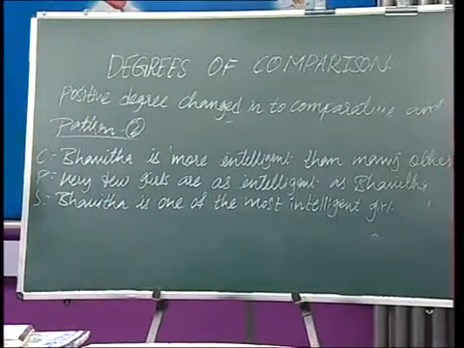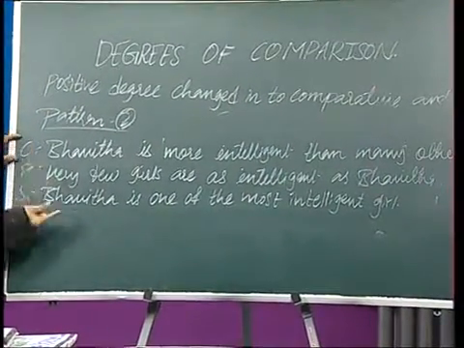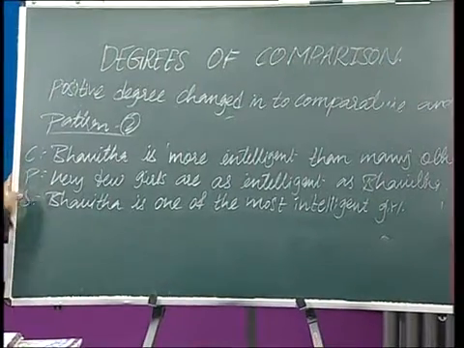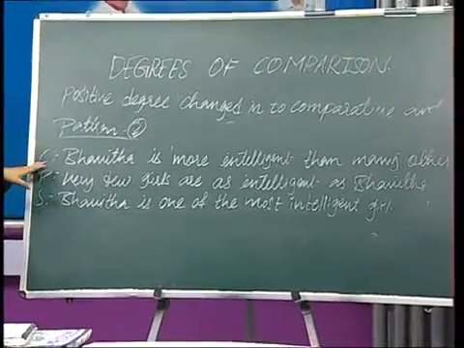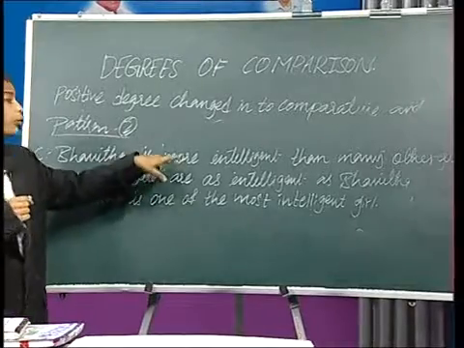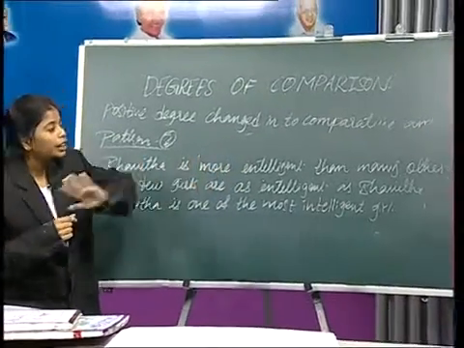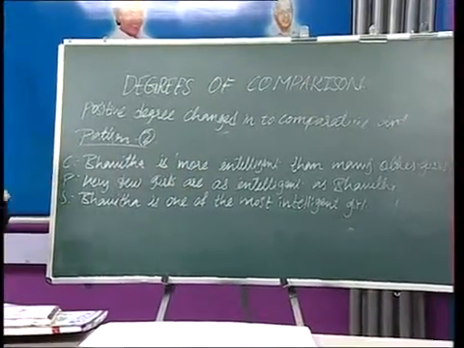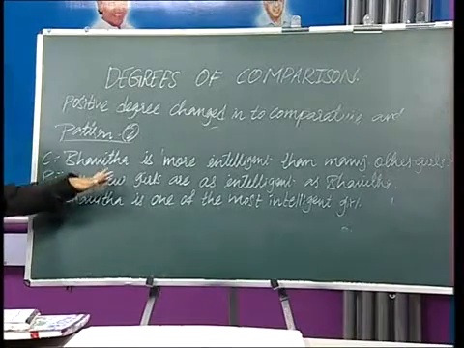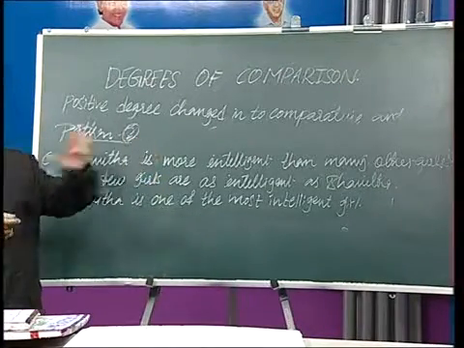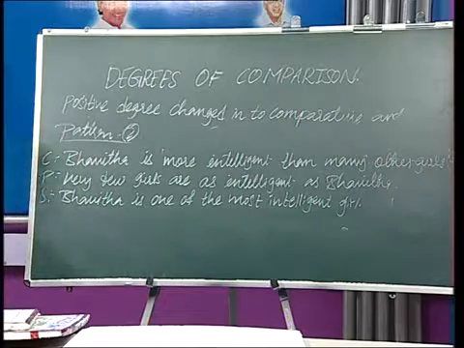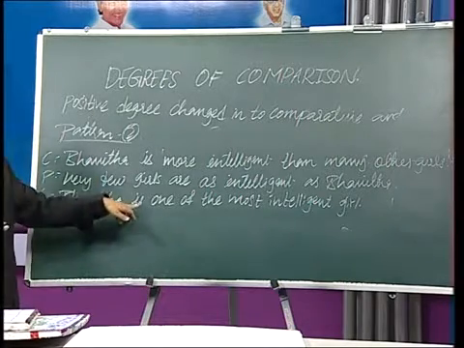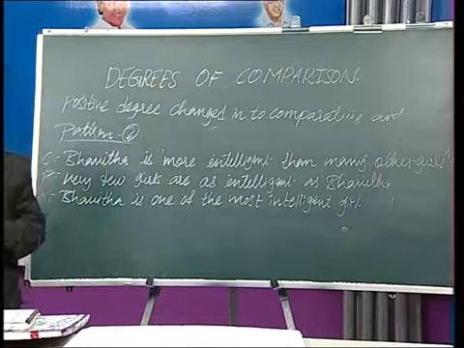Okay friends, did you all understand how the comparative is changed into positive and superlative? Here comparative, Bhavita is more intelligent than many other girls, and in positive form, very few girls are as intelligent as Bhavita. In superlative, Bhavita is one of the most intelligent girl.